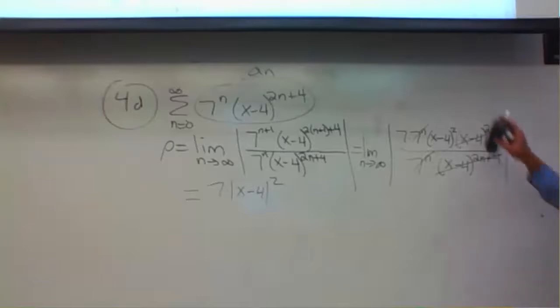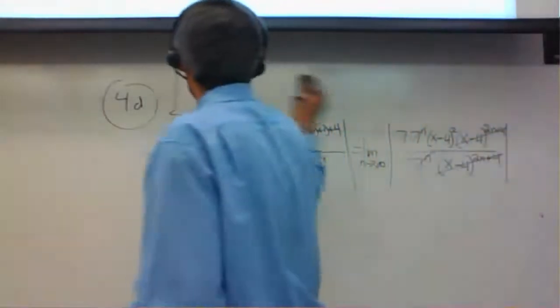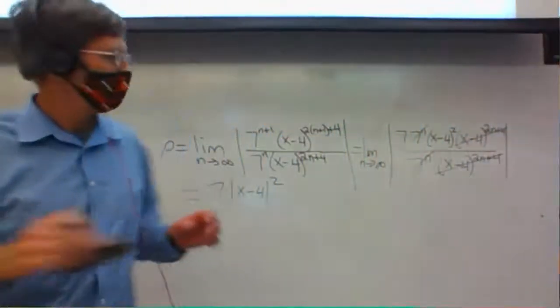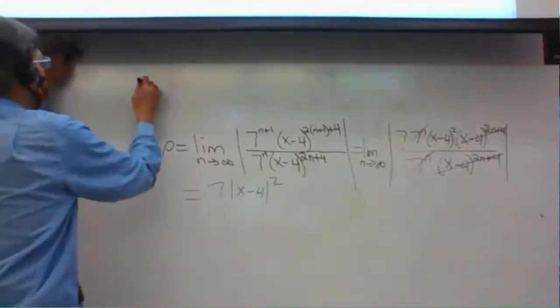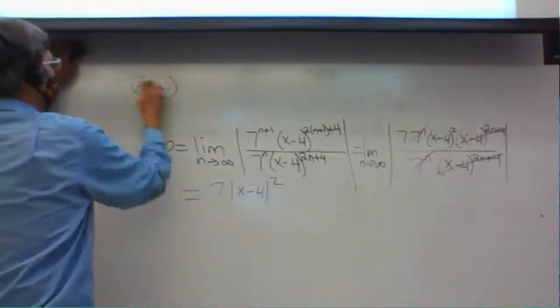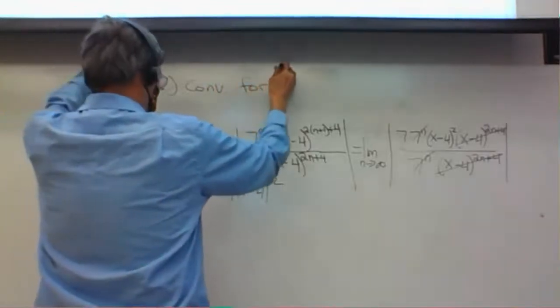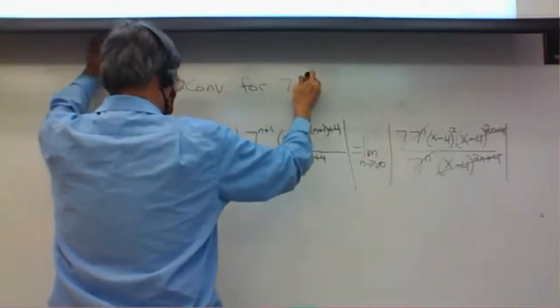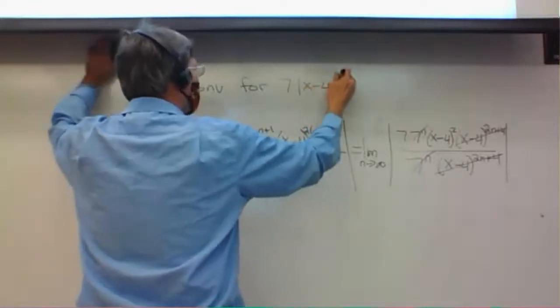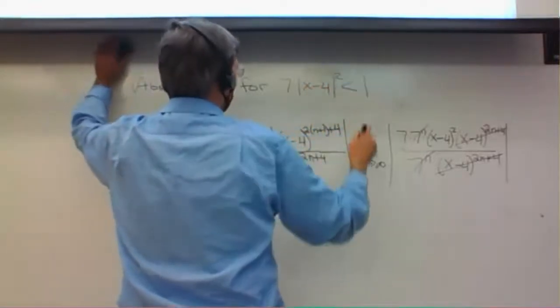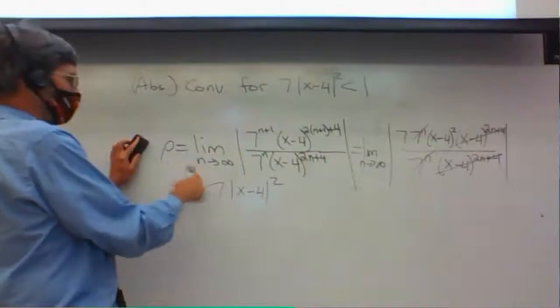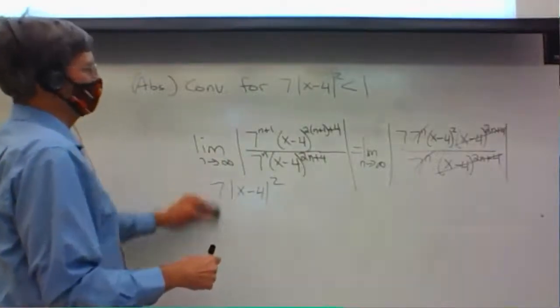Now we get convergence, in fact absolute convergence, for 7 absolute value x minus 4 squared less than 1. All right, rho less than 1. Divergence for rho bigger than 1.